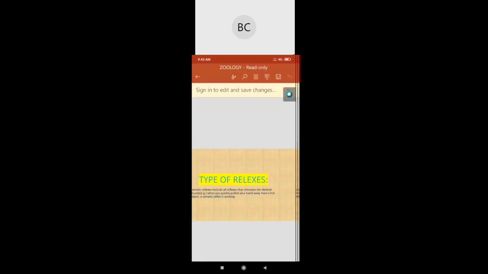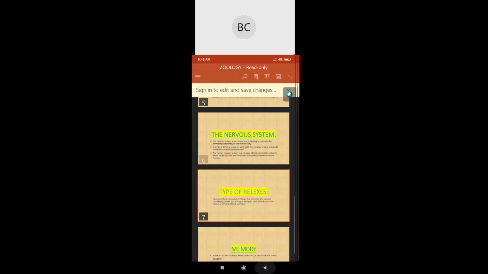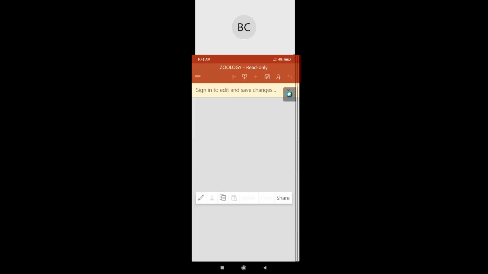Types of reflexes. Somatic reflexes include all reflexes that stimulate the skeletal muscles. When you quickly pull your hand away from an object, a somatic reflex is working. Memory is the storage and retrieval of information.